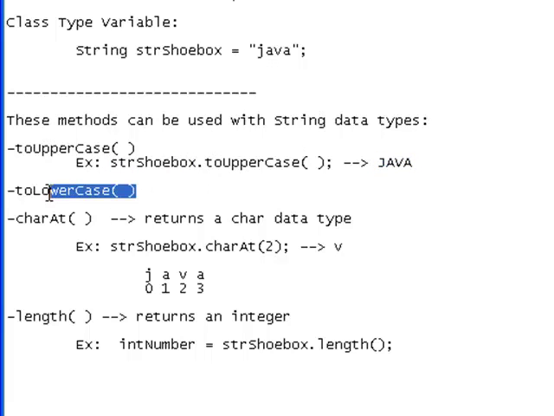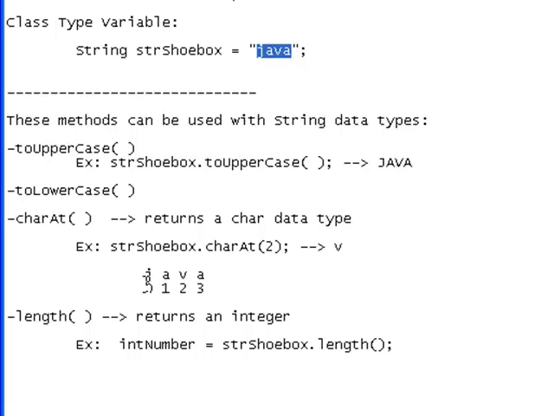Likewise, or vice versa, toLowerCase does the exact opposite of that. We've got another method here called charAt, and this actually returns a data type. So you could have your variable str_shoebox, and you would say .charAt, and then you would give it a number in here, an integer. And so what this is saying is, hey, look at position 2 for this string of text and return whatever character is at position 2.